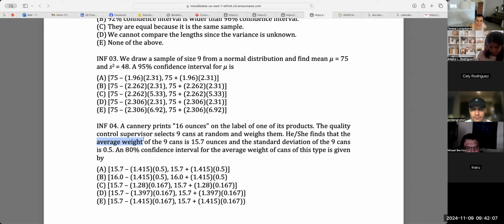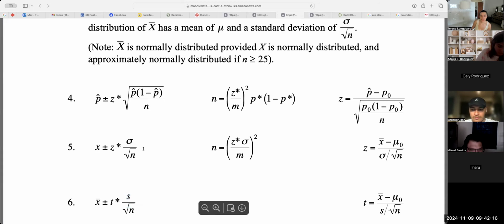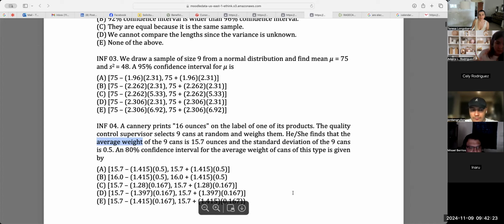Okay, so mean. And the second question is, do I use formula 5 or 6? Do I know the population standard deviation or not? Is the population standard deviation given?